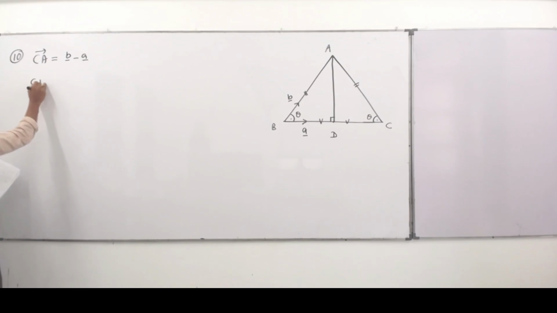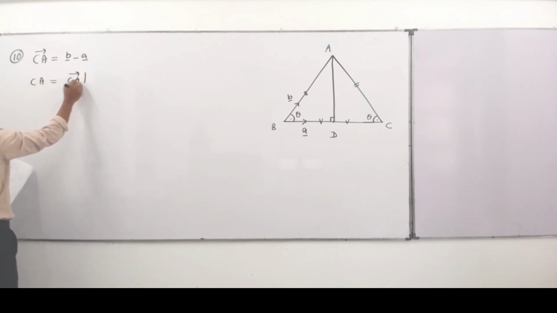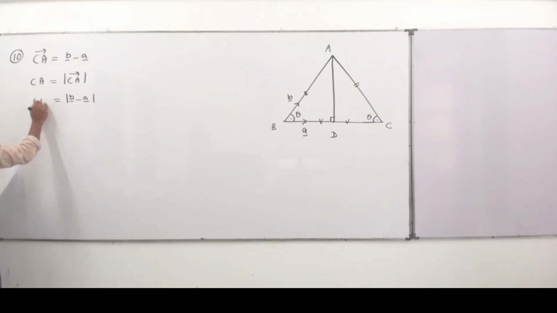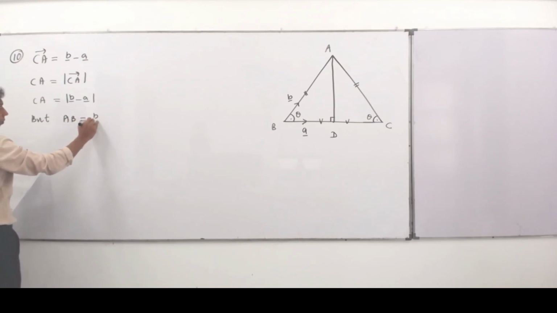Then CA length is what? CA length means CA vector modulus is CA length. CA vector is B minus A, no? Then B minus A modulus is CA length. But AB length is equal to B modulus.